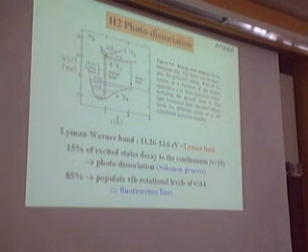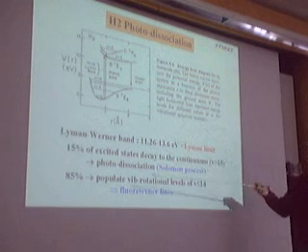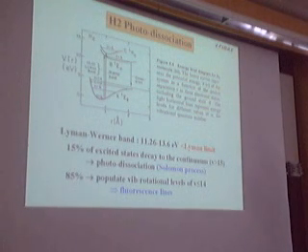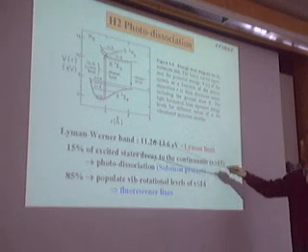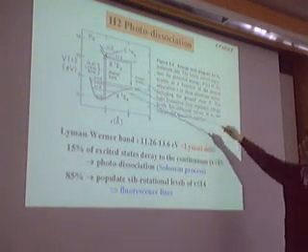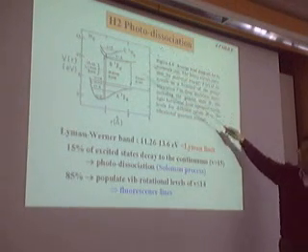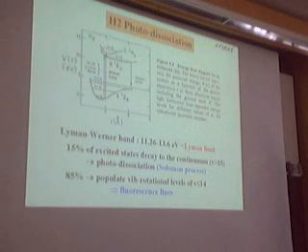And also, UV radiation can dissociate the hydrogen molecule by the Solomon process. Actually, the hydrogen molecule cannot be disrupted directly by the UV radiation. First, the UV radiation excites the hydrogen molecule to the excited state, and that excited state decays to the continuum level.